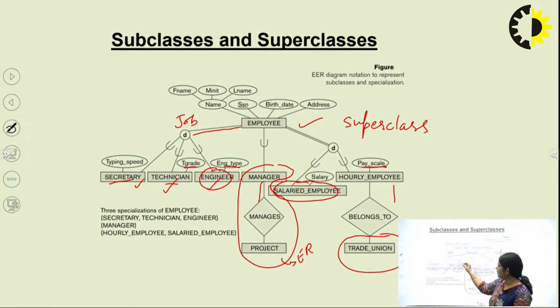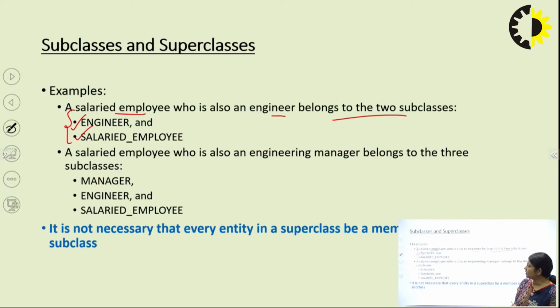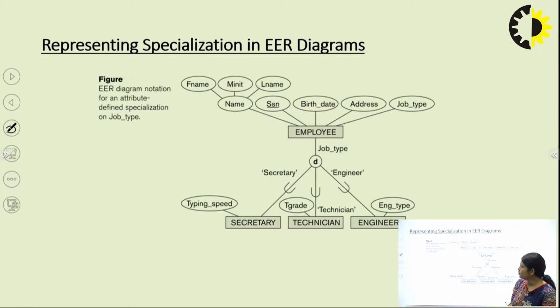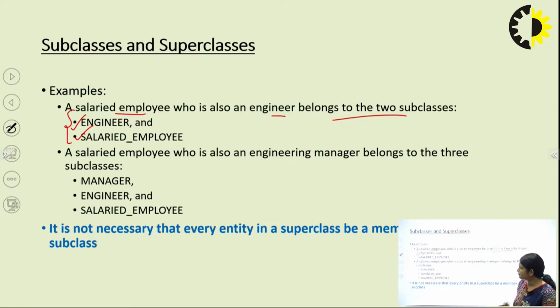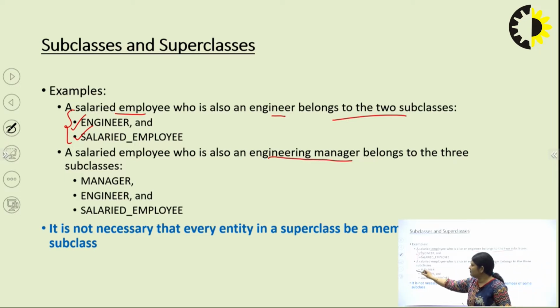A person belonging to any of these categories would belong to salaried employee or hourly employee. So they may belong to more than two subclasses. A salaried employee who is also an engineering manager belongs to three subclasses: manager, engineer, salaried employee. So we may have a person who is a manager, who is an engineer, plus a person who is getting a salary.